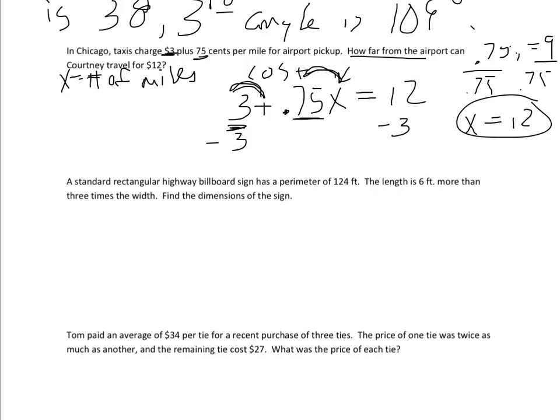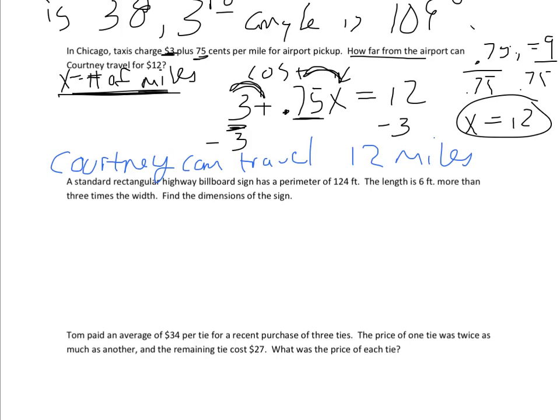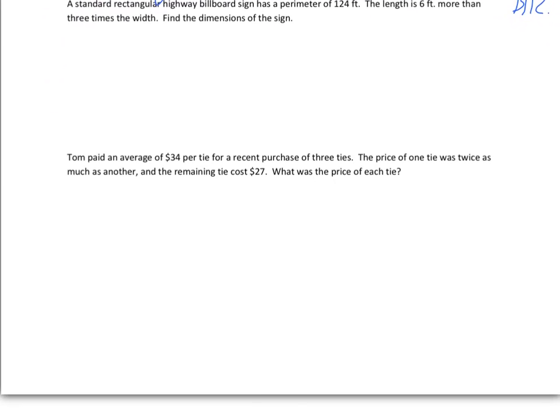Now notice, we said that x is the number of miles, so we can say that Courtney can travel 12 miles for $12. And that's how we do that problem right there. Okay, so a couple more here.